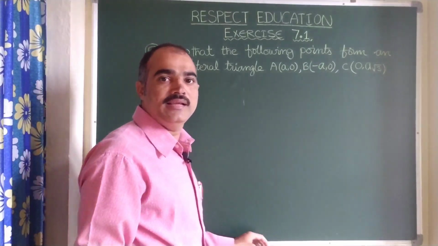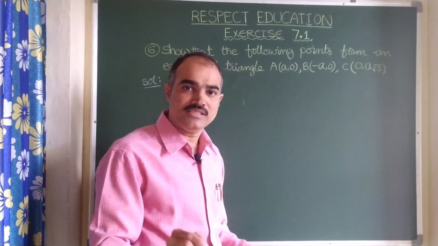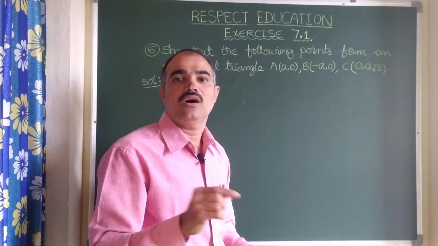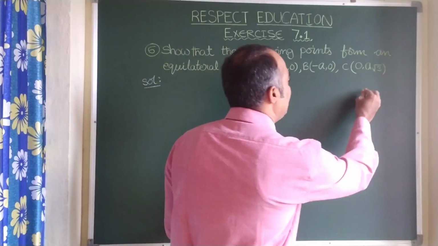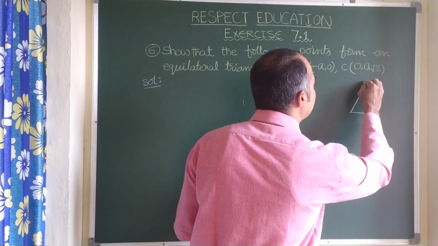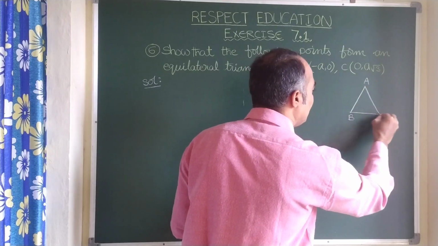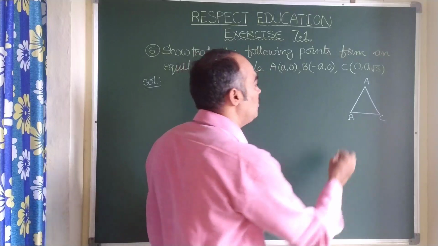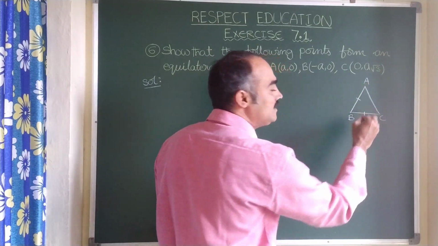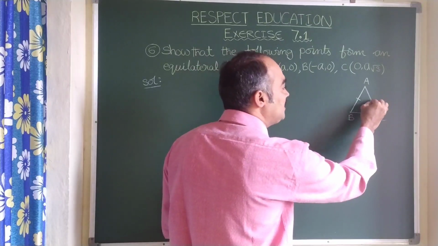Equilateral triangle is a triangle in which the measurements of all the three sides are equal. Suppose ABC is an equilateral triangle, then the rule is that AB is equal to BC is equal to CA.